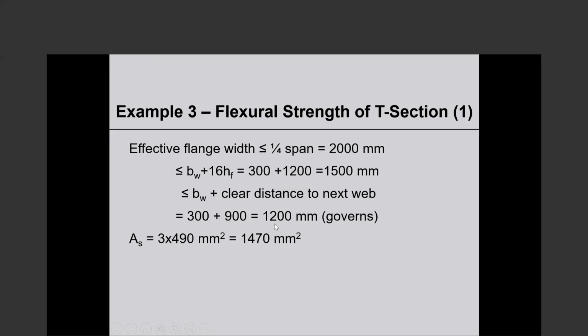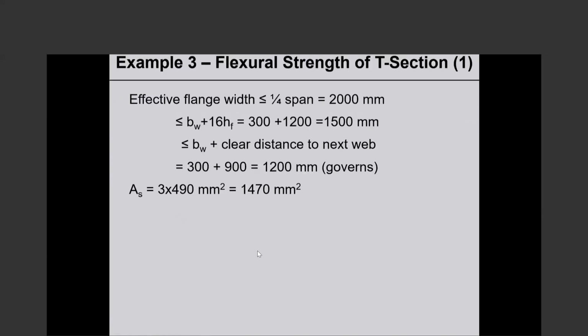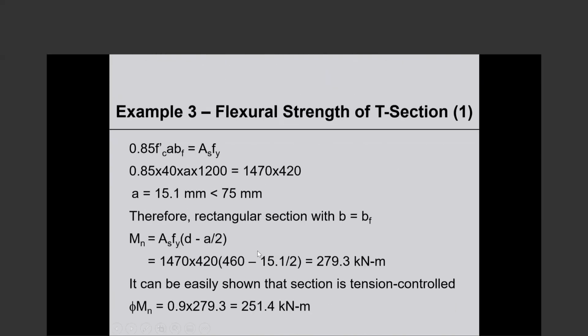Okay, so that gives us 1200 millimeters. So the effective flange width is the smallest of 2000 millimeters, 1500 millimeters, 1200 millimeters. That obviously governs. And A sub S, as in previous examples, is 1470 square millimeters.